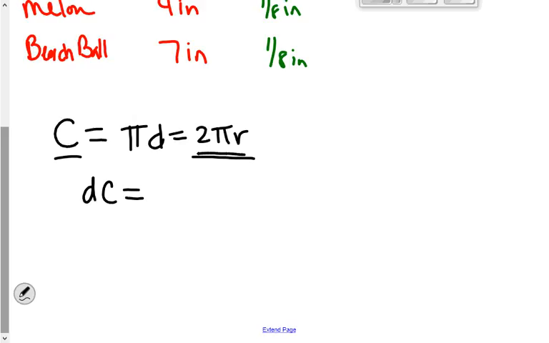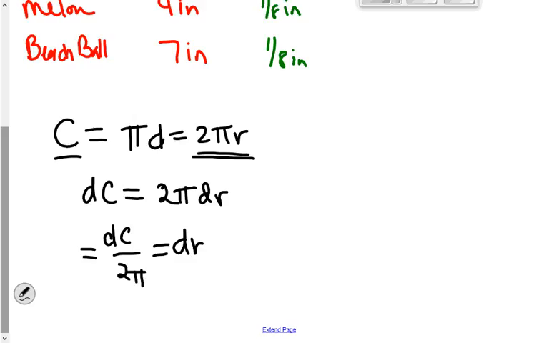So what am I going to get when I take the derivative over here? Well, I'm going to have that 2 pi in front. The derivative of r would be 1, but then if I think about it as applying the chain rule one more time, I'm going to have the dr. So that tells me that dr is going to be what? dC over 2 pi.